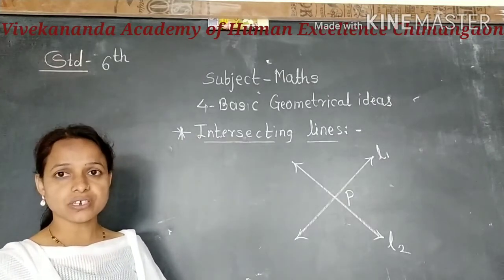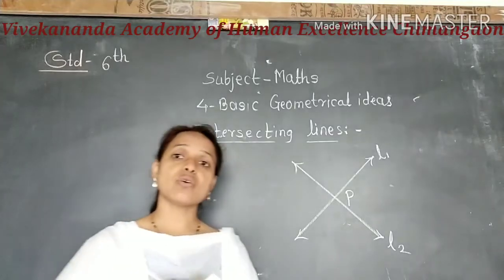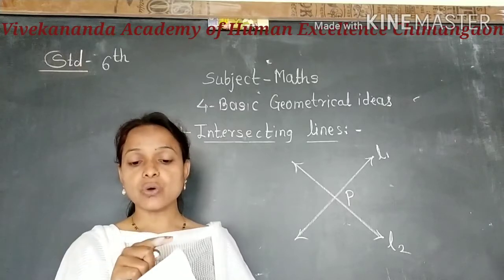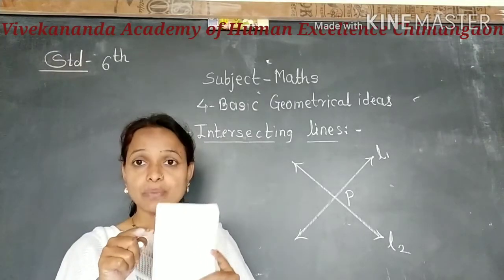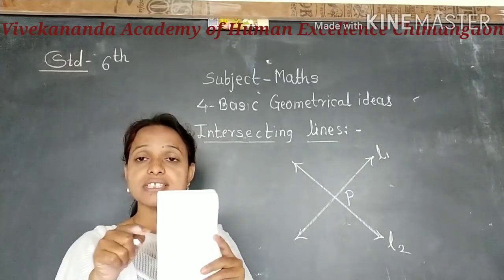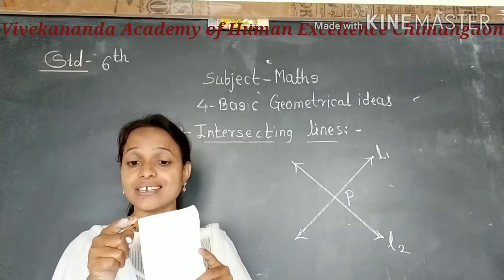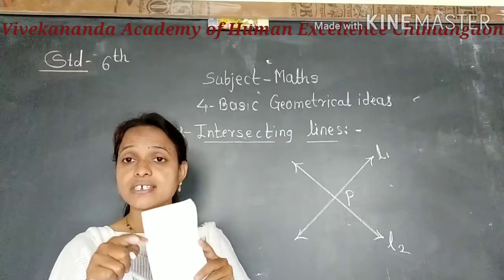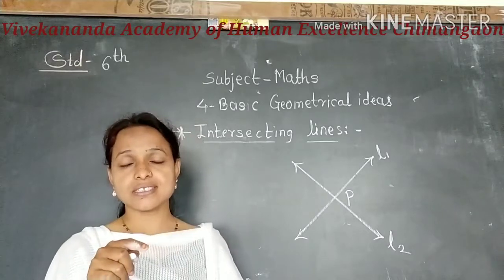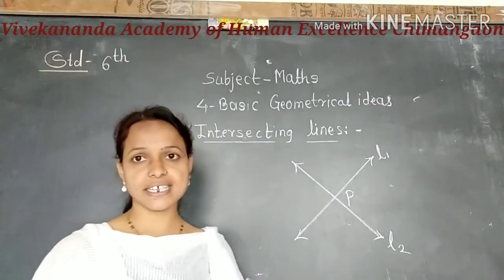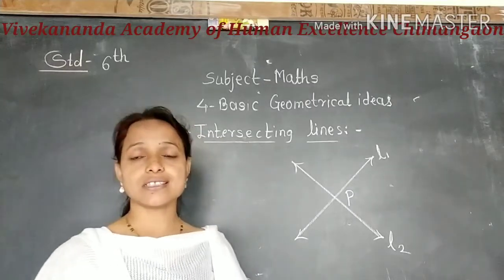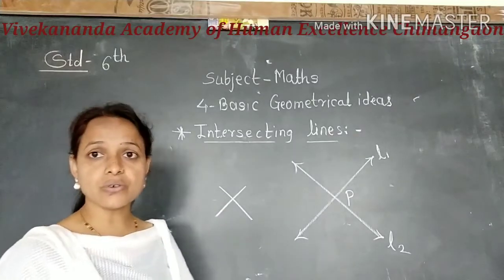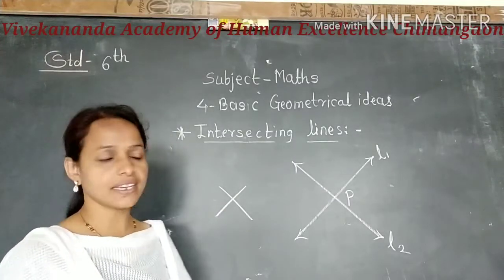Okay. So see, students, here are some models of pairs of intersecting lines. If you see two adjacent edges of this page, they have a common point. So two adjacent edges of the page are an example of intersecting lines. As well as the multiplication sign, this is also an example of intersecting lines.